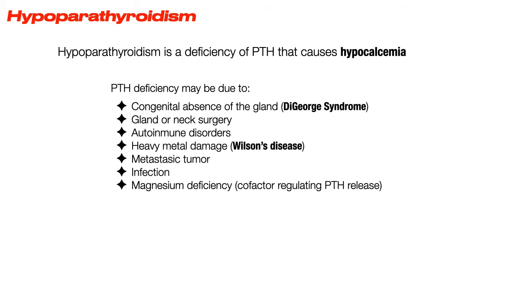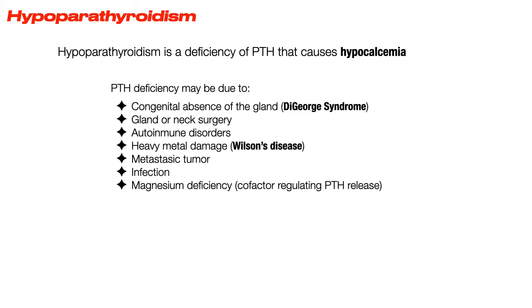Okay, so hypoparathyroidism is a deficiency of PTH, and this in turn is going to cause hypocalcemia. It may be due to a congenital condition where the gland doesn't develop, called DiGeorge syndrome, but also it can be due to surgery, especially of the thyroid gland.